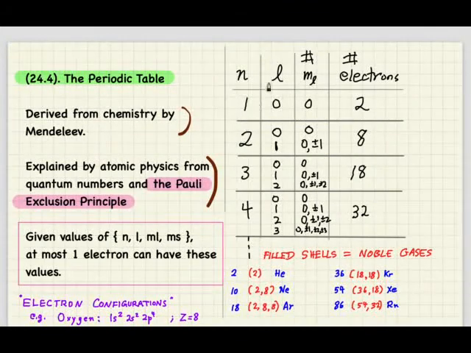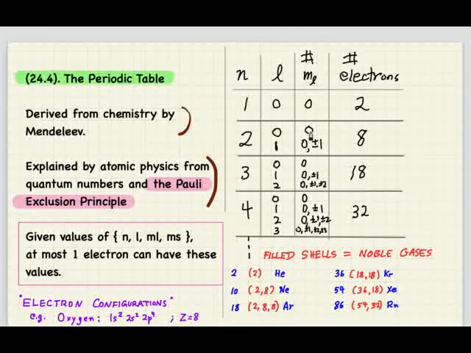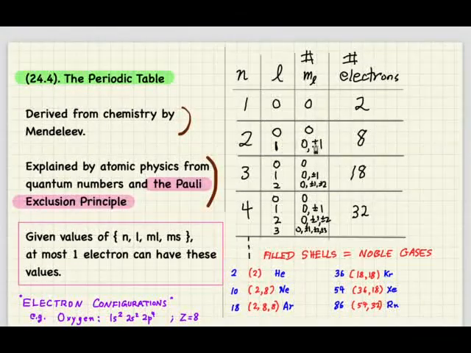For n equals 2, you can have L equals 0 or 1. L equals 0 has only 1 m sub L value, but L equals 1 has 3 m sub L values. So there are really 4 states with n equals 2. Times 2 for those 2 spin states gives me 8 particles that can go into those 8 states, plus the 2 that went into the n equals 1 level.